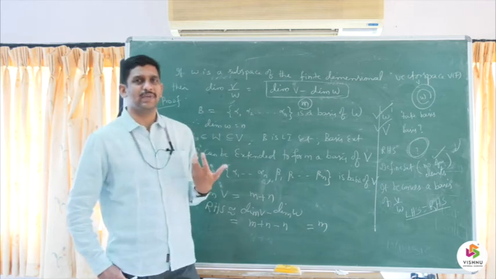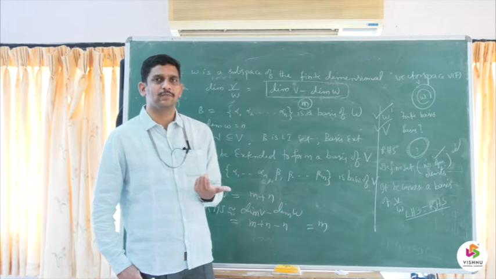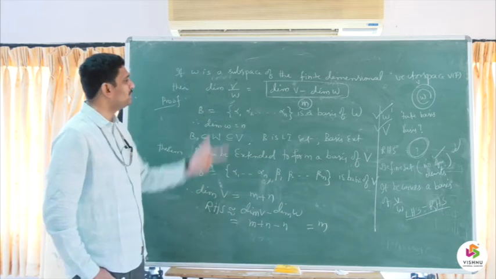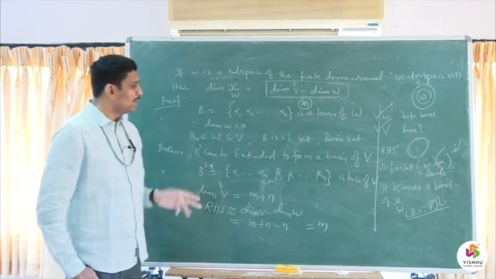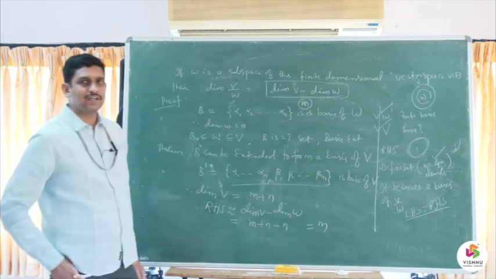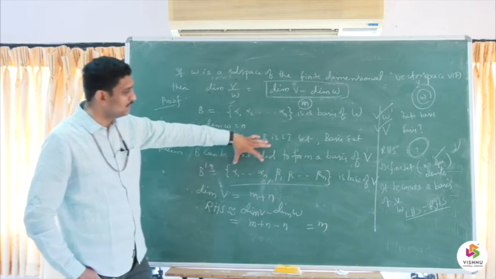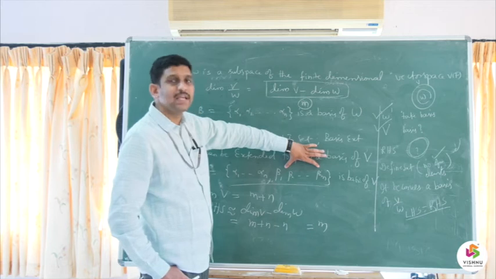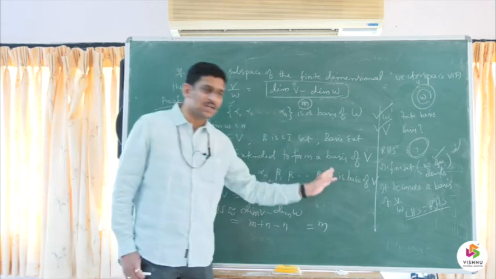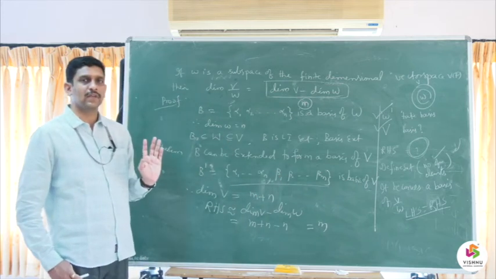So in order to get a basis for this, I require m cosets with me. So I have to define a set with m cosets that should become a basis for V by W.